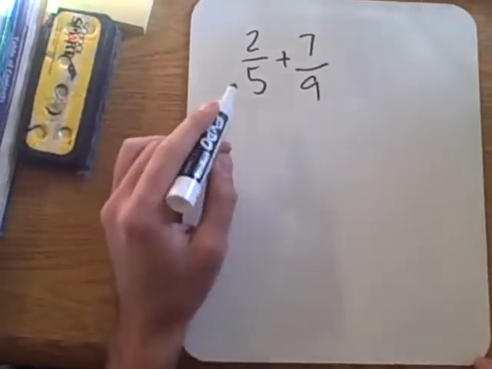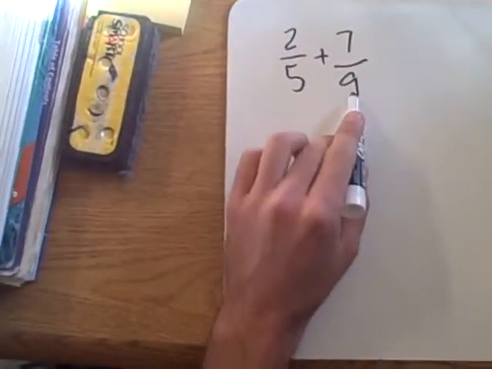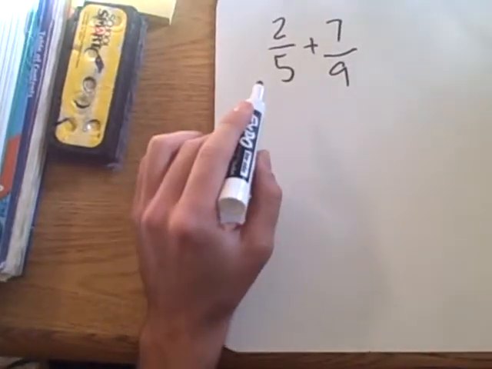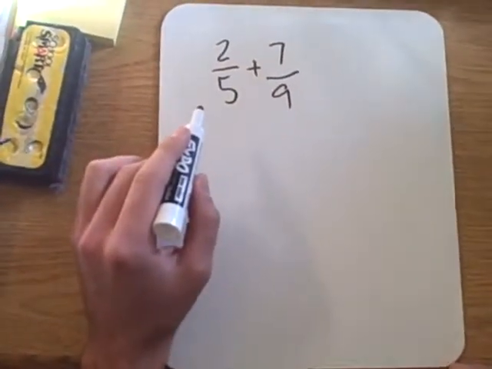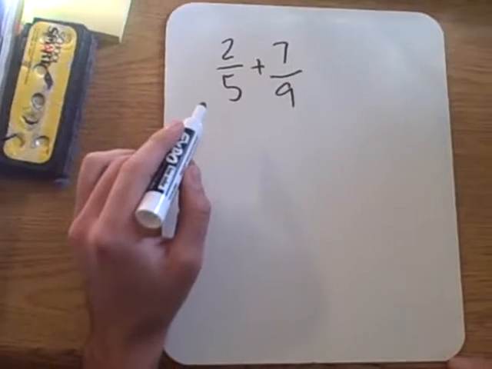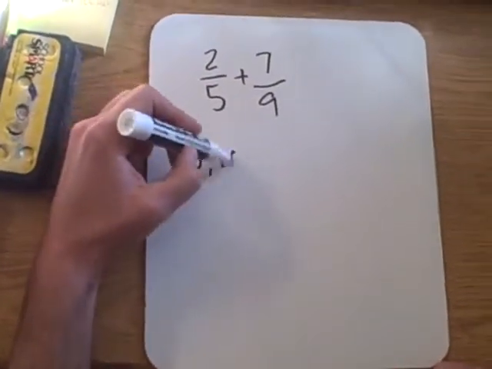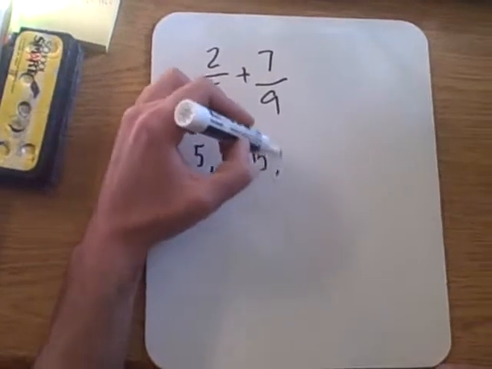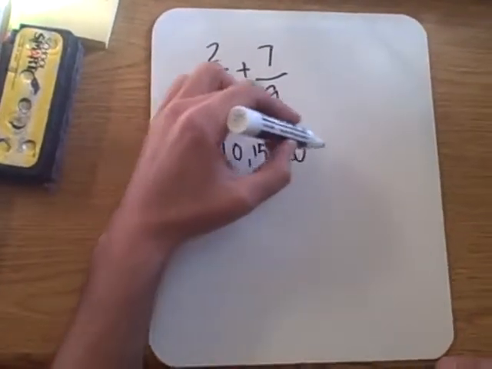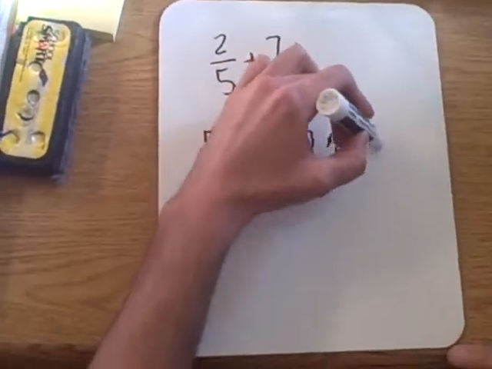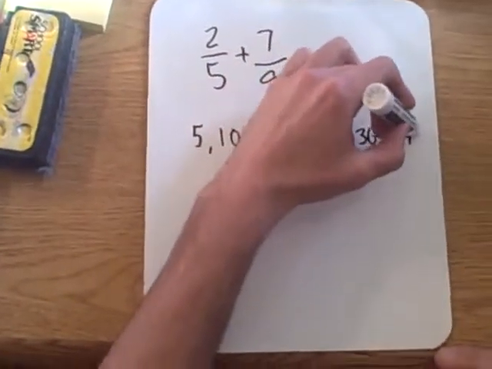We have to find the multiples of 5 and 9. Multiples, not factors, multiples. Say it with me. Multiples. The multiples of 5 are 5, 10, 15, 20, 25, 30, 35, 40, and 45.